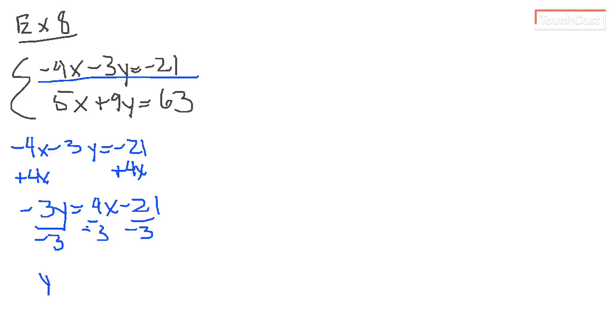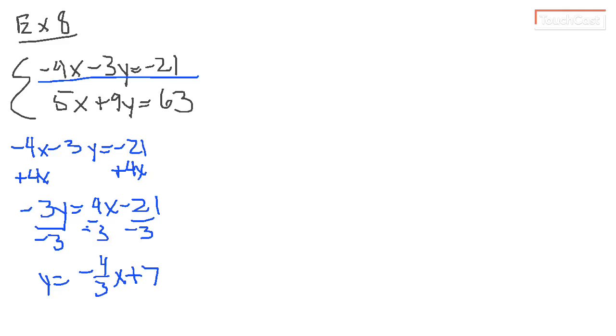So I'm going to have y equals 4 divided by negative 3. We're just going to leave that as negative 4 thirds x. A negative divided by a negative, we've got negative 21 divided by negative 3 is a positive 7. Okay, fractions, they're scary, but we can work with it.